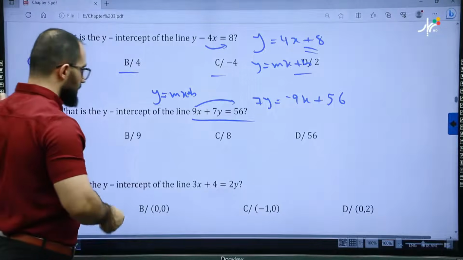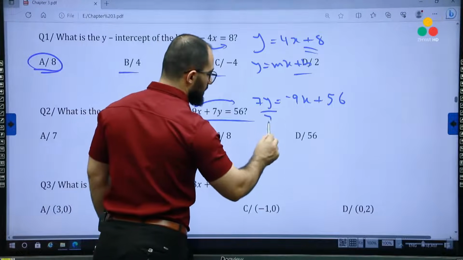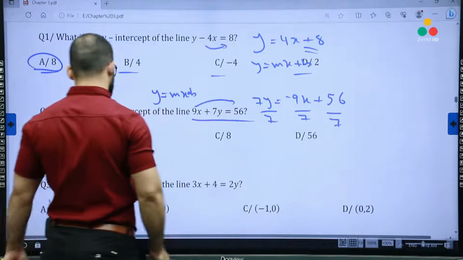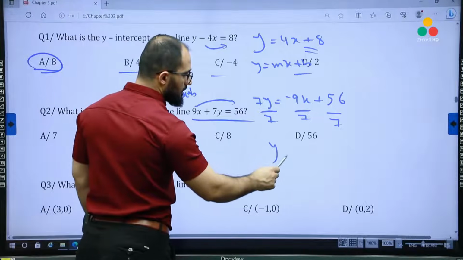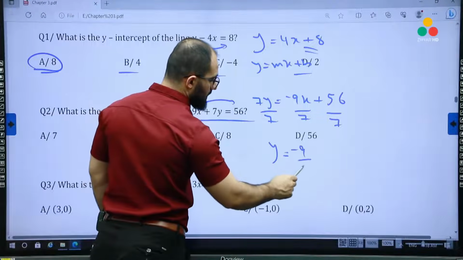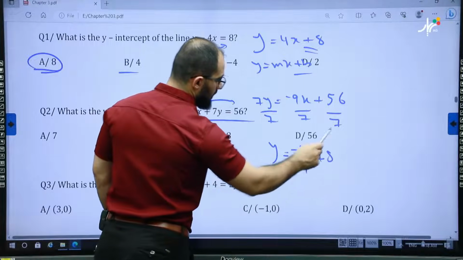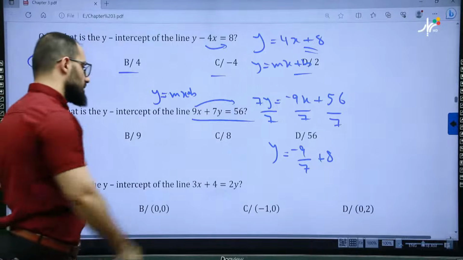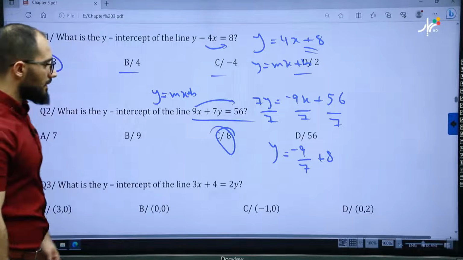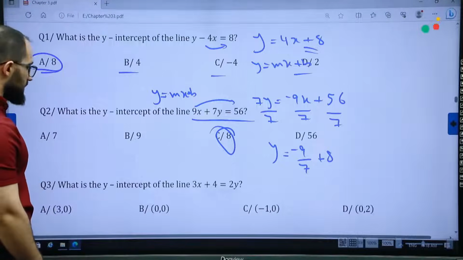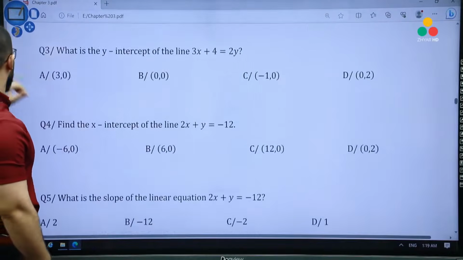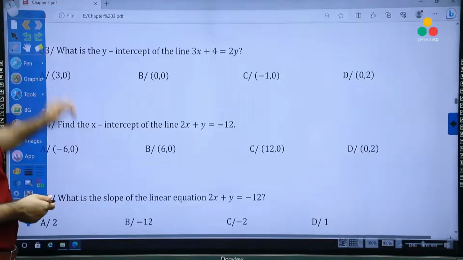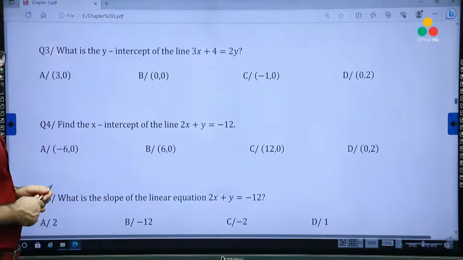Divide both sides by 7. After you divide, y is equal to negative 9 over 7 x plus 56 divided by 7, which is 8 again. So the answer is 8, the y-intercept.